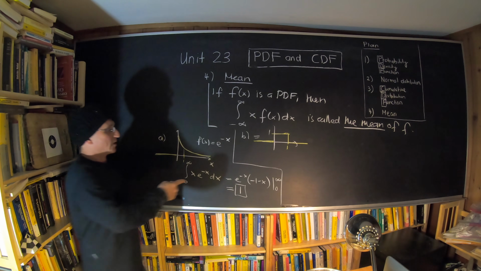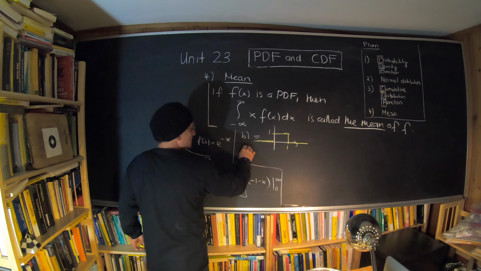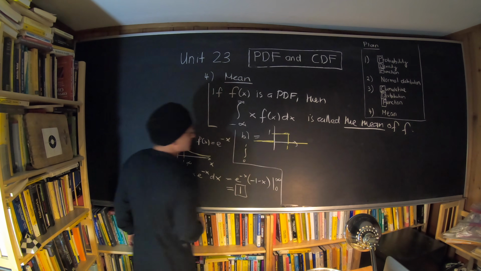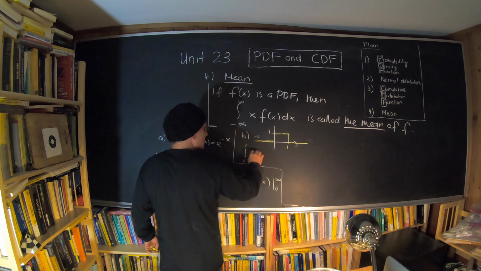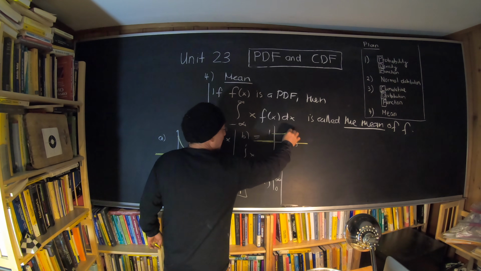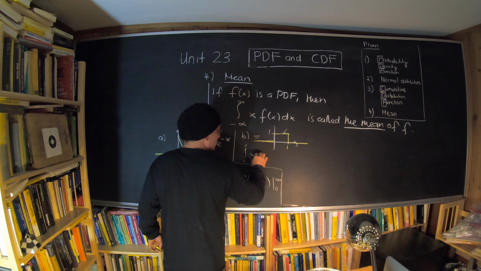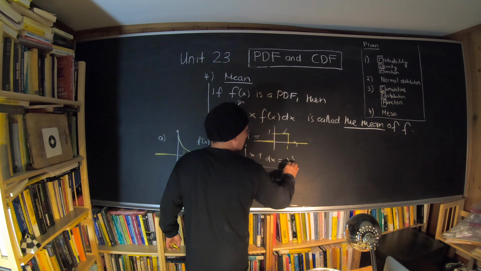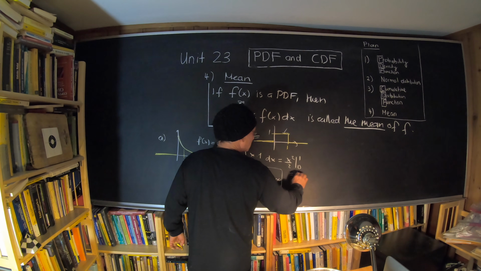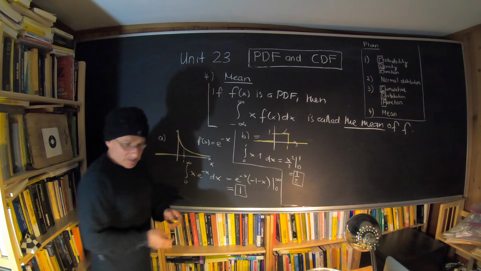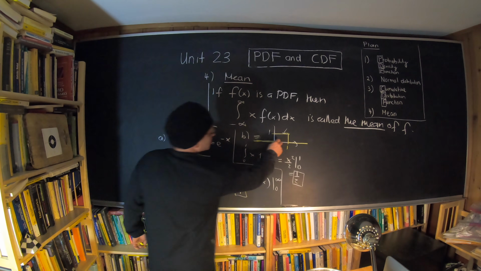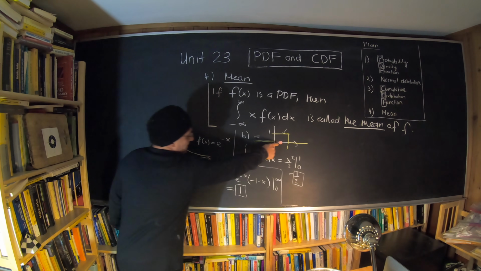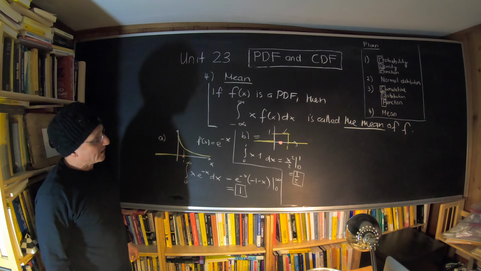If I'm computing the mean, we integrate from 0 to 1 only, because the other integrals are 0, and then we have x times f, and f is equal to 1 here, so times 1 dx, which is x squared over 2, evaluated from 0 to 1, that's equal to 1/2. So in this case the mean, the average, was 1/2. In the previous case, the mean was 1.